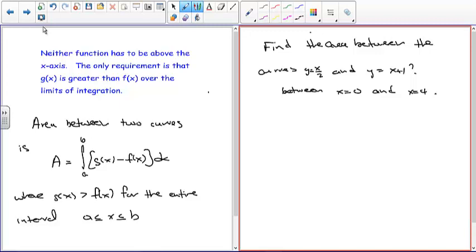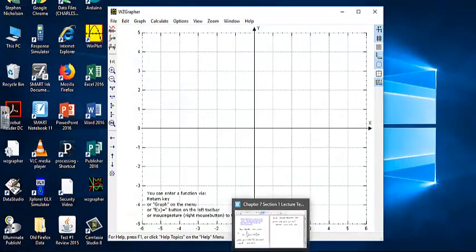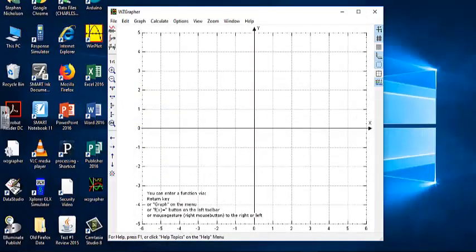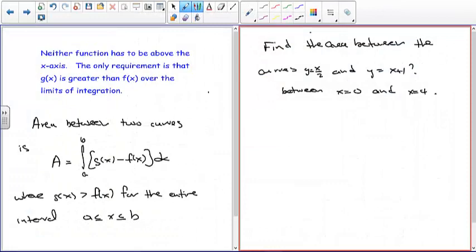As I said, the first thing you need to do is plot the functions. I'm going to plot the functions using my graphing program. One function is y equals x over 2, and the other one is x plus 1.